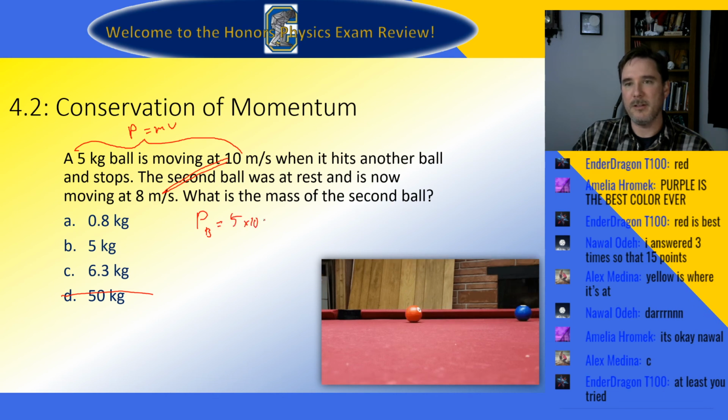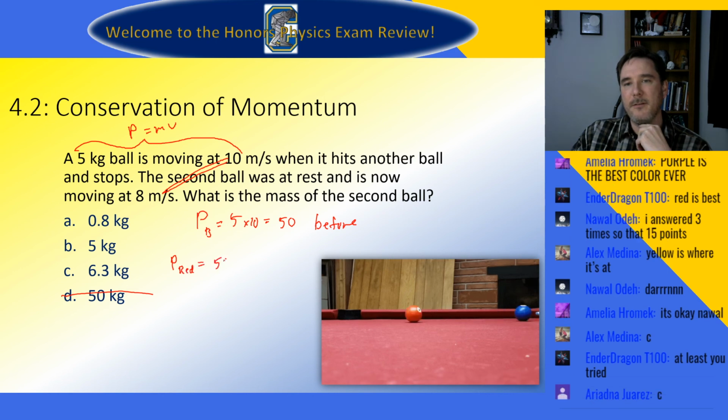I'm not going to put units because I'm getting tired. So it had 50 kilogram meters per second of momentum. This is before. After, the red ball now has 50 units of momentum because it stole it from the blue ball.